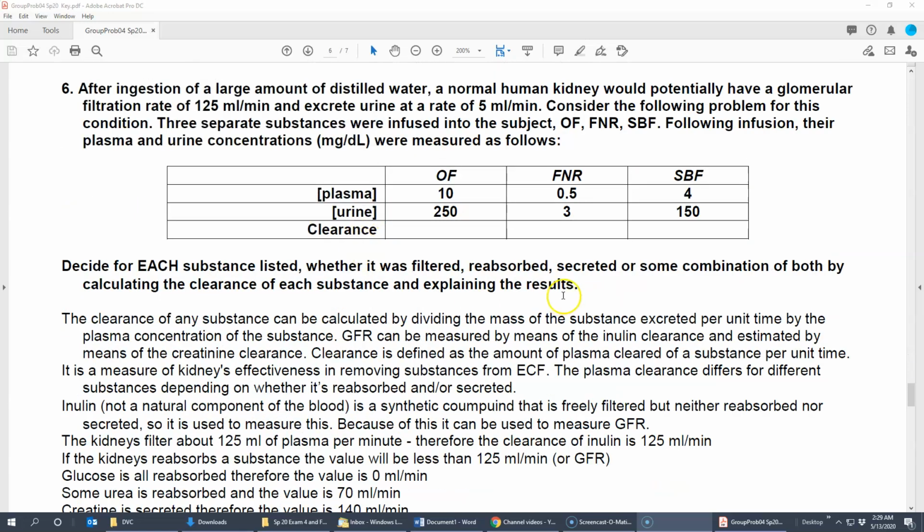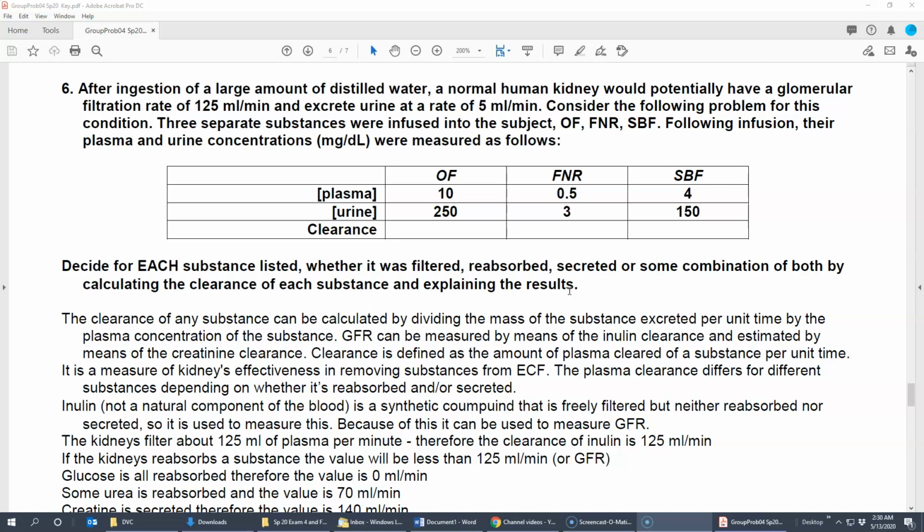Question number 6 should be familiar to you all now because it deals with the idea of clearance. And basically, it poses the question, here's a person that's excreting urine at 5 mils per minute. That's high for a urine production rate, I know, but mathematically it just made sense to do that and make the calculations pretty easy for this.